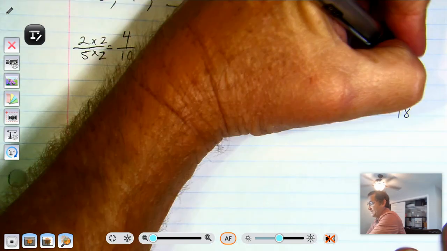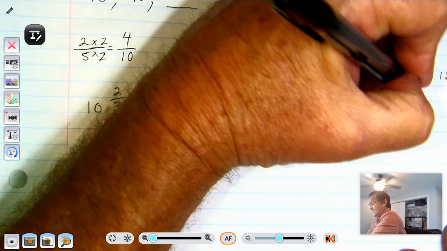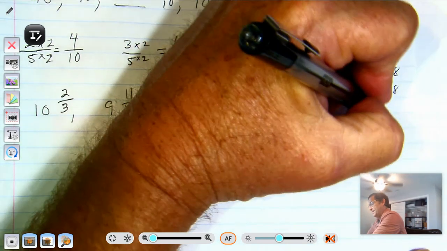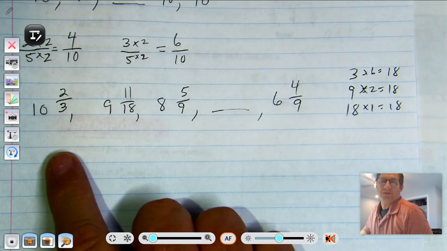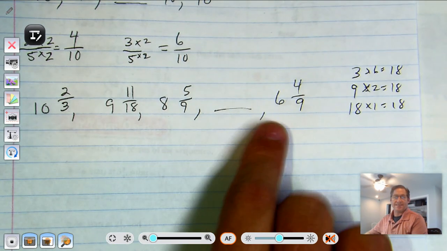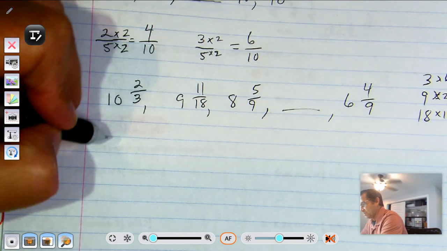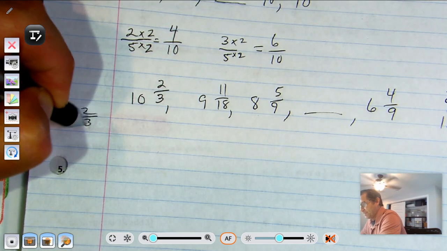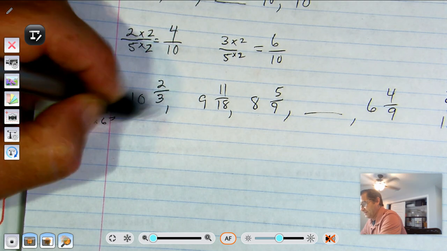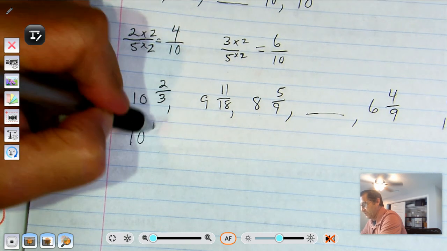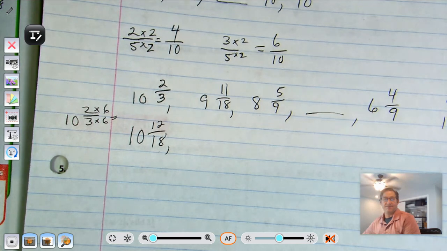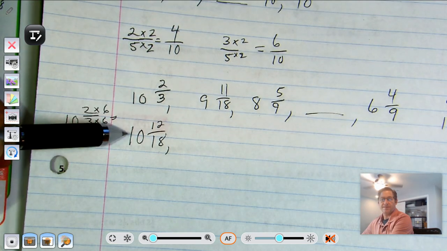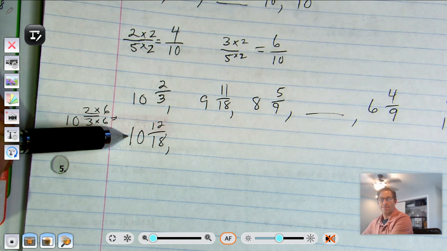Well, 3 times 6 equals 18, and 9 times 2 equals 18, and 18 times 1 equals 18. So let's turn all of these into 18ths. So 2/3 times 6 over 6, an equivalent fraction will be 10 and 12/18.